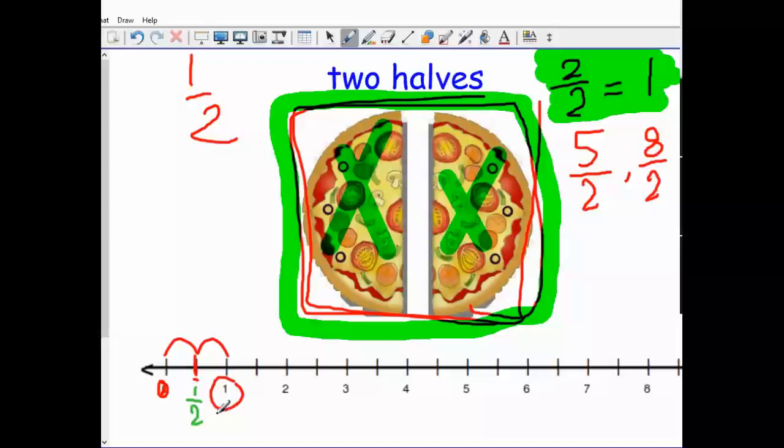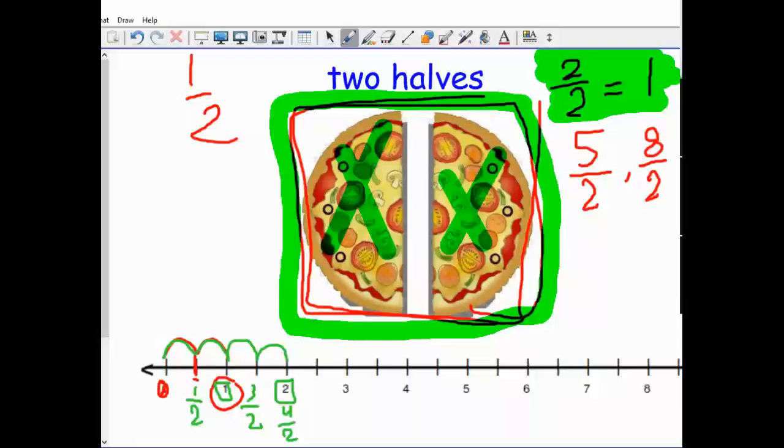Okay, so let's count by halves. 1 half, 2 halves. I landed on 1. 3 halves here. 4 halves. I landed on 2. So 4 halves means 2.